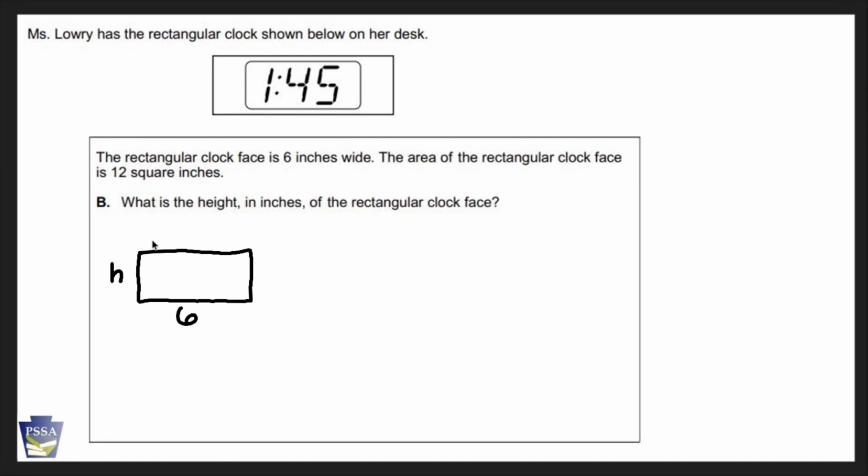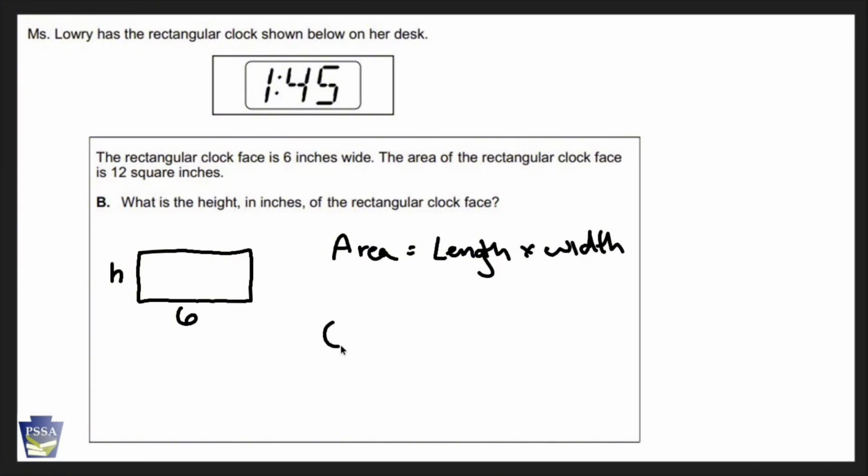Now, how do you find an area? You find an area by doing length times width. They give you the width. So what they're basically saying is what times 6 is going to be the area of 12.